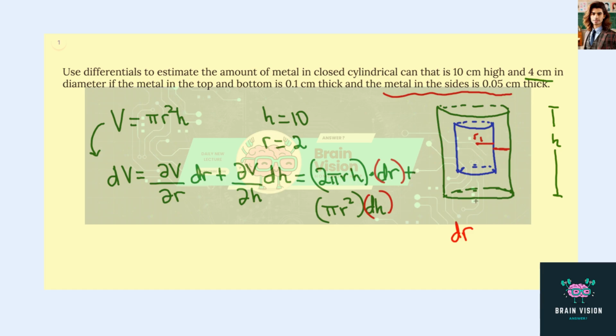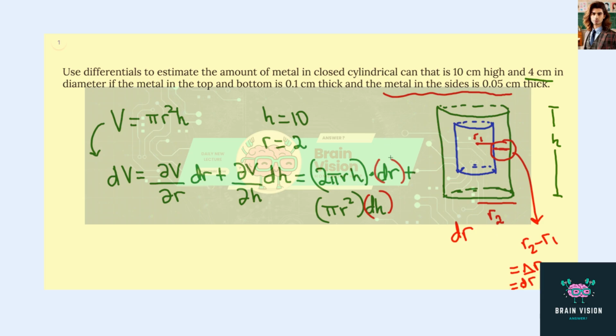And then let's call this radius R2, the radius of the entire can. This quantity, the metal in the sides, the thickness, is R2 minus R1, which is just a change in r, the same as dr. So in our case, that's just 0.05.